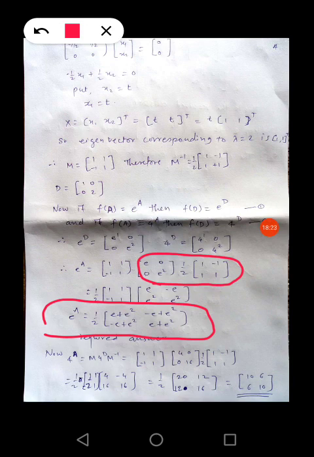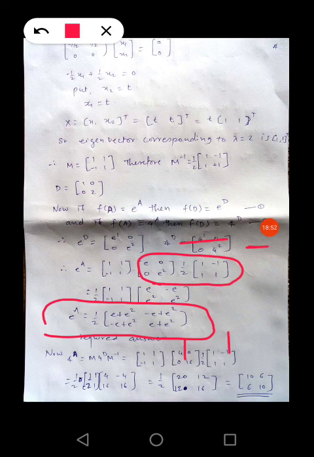Now 4 to the power A is equal to M times 4 to the power D times M inverse, as usual. So this is equal to M as it is. 4 to the power D is nothing but diag(4, 4 square), which is 16, and we have written that here, and then M inverse.